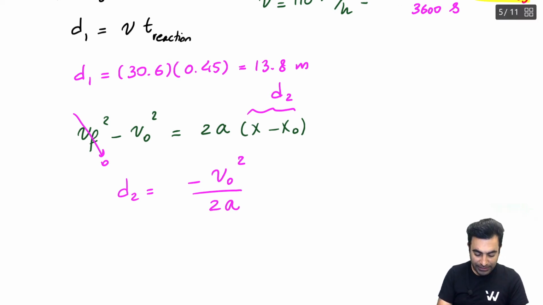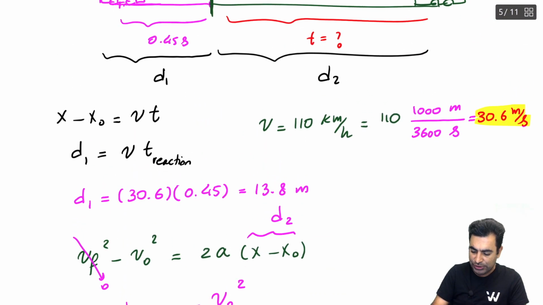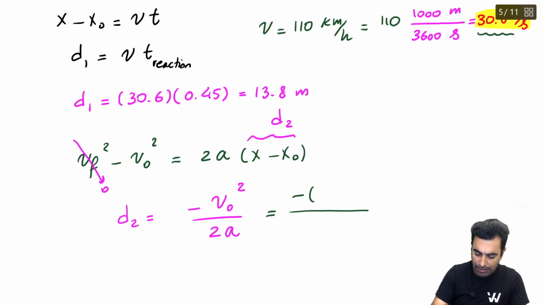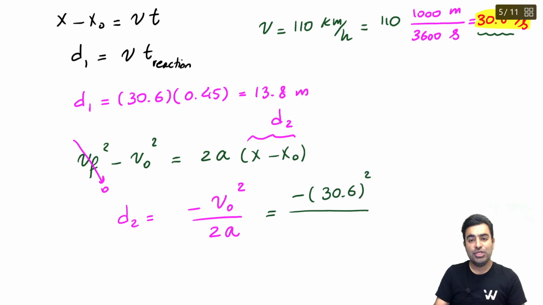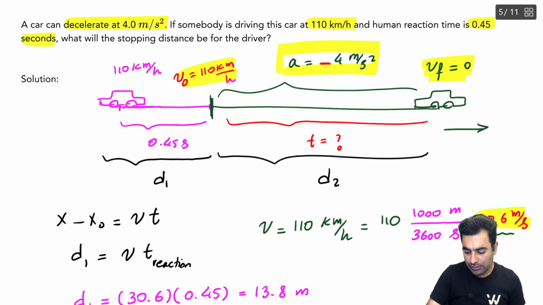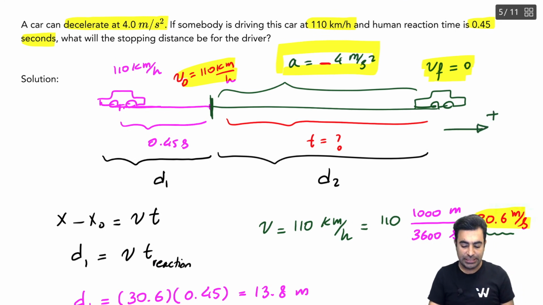But be careful, because when you insert numbers for the acceleration and velocity, we have to insert them with the right sign. I already converted velocity of 110 kilometers per hour into meters per second, which is 30.6. So we have minus 30.6 to the power 2. Since we have an object which is moving forward, we can define the forward direction to be the positive direction. Since the direction of the motion is toward the right, the velocity at any moment would be positive.